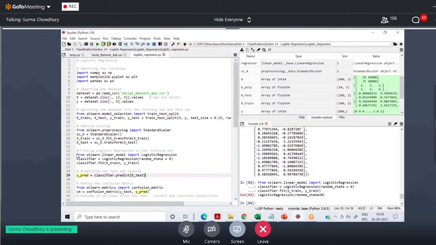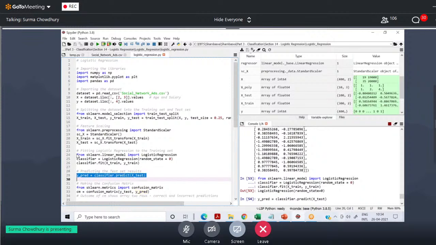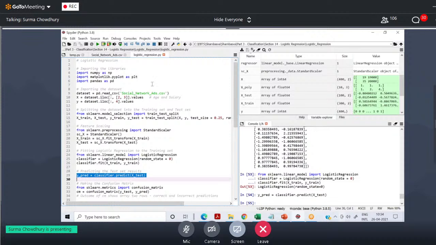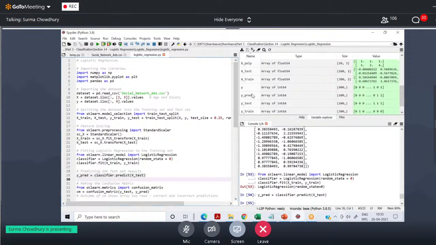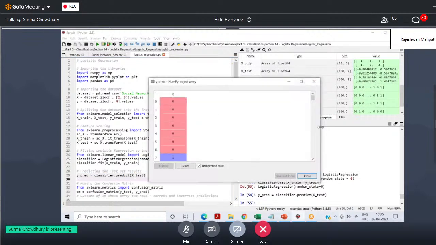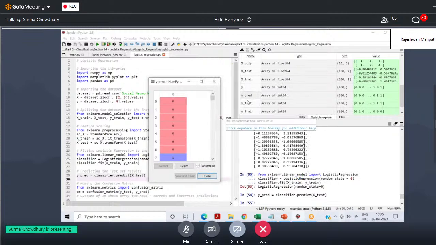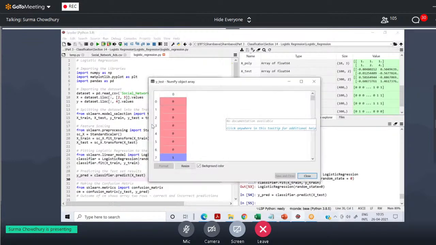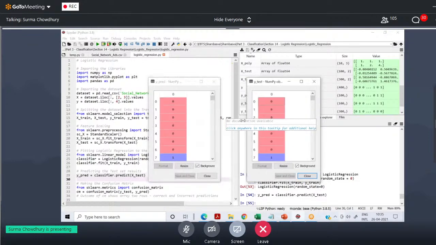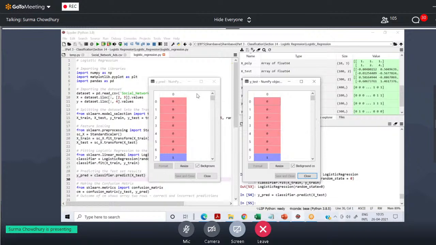It's the same thing I did for regression; the principle is the same, nothing has changed. Now I will try three methods. First method: I open y pred and bring it here, I open y test and bring it here, and now I compare y pred and y test.